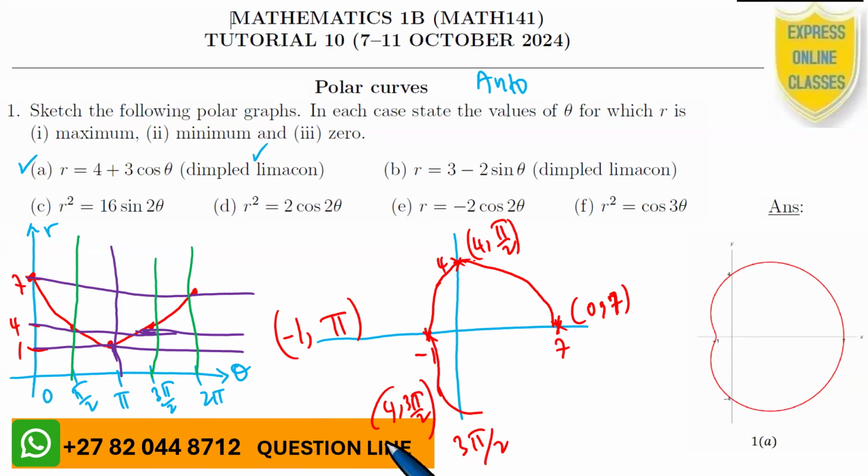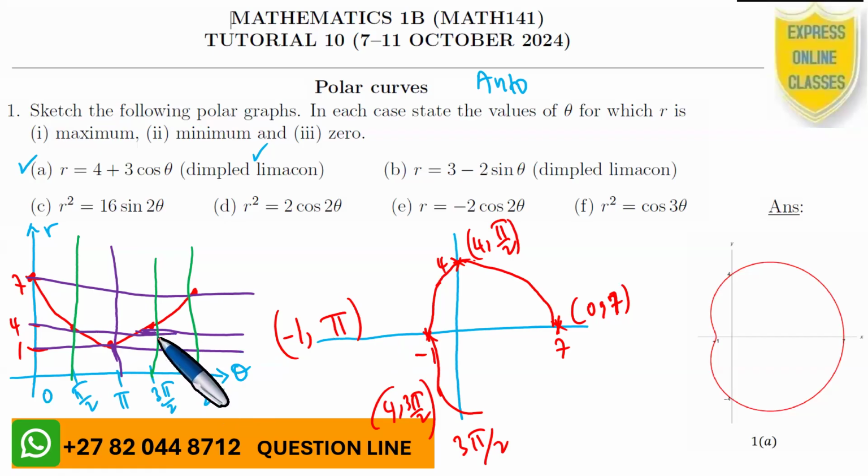Okay, let's continue with our sketch for this. Right, so now at pi, then you have 3 pi over 2.